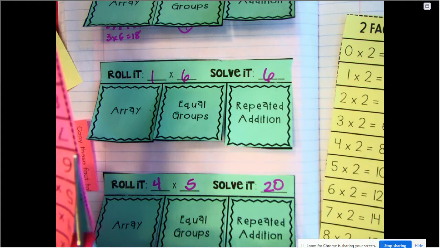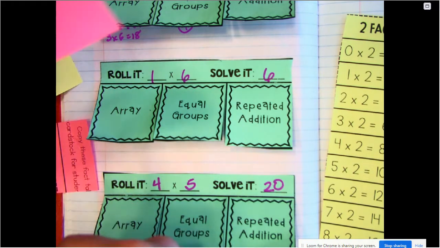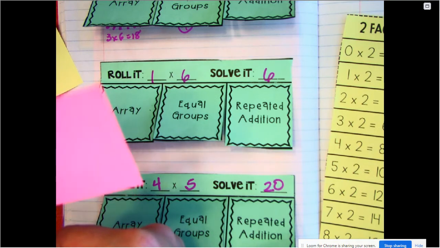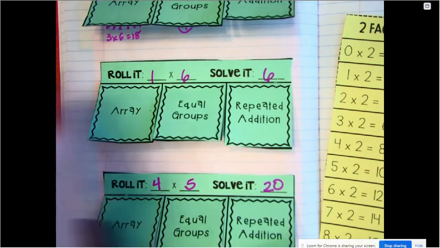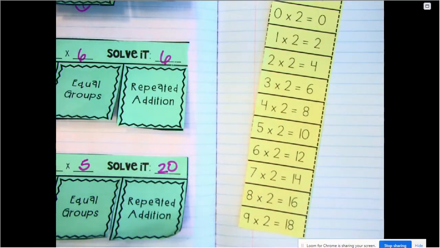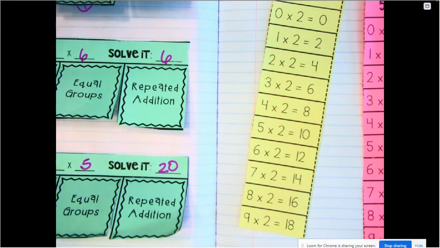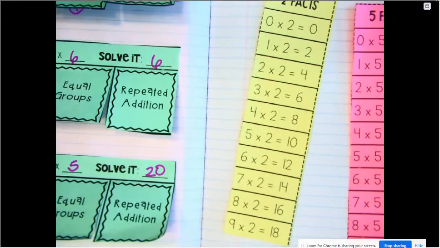Now we don't cut in between. This is just what we call a reference. So we're going to glue this in, and these are your 5 facts and your 2 facts. Okay? Get all your garbage out of the way. And we're just going to glue those 2 in our notebook.